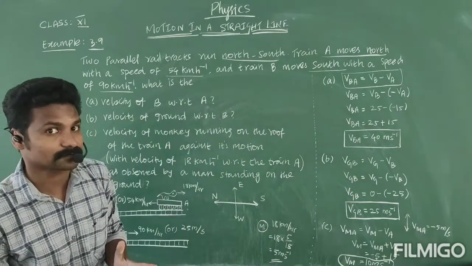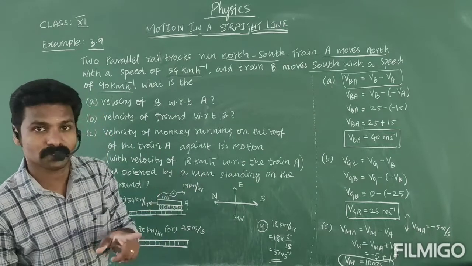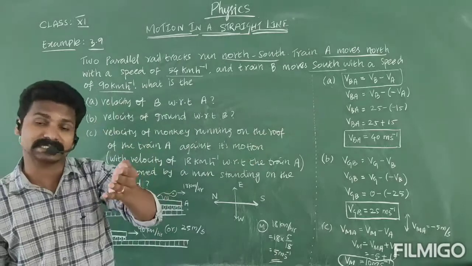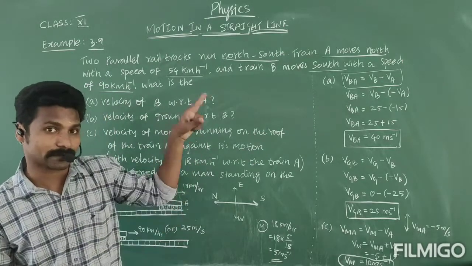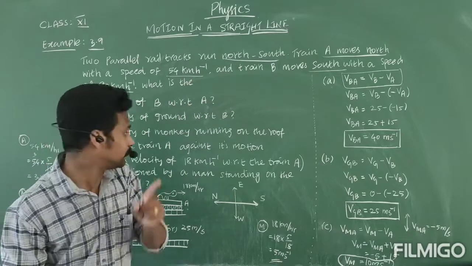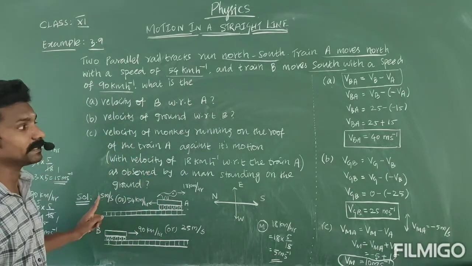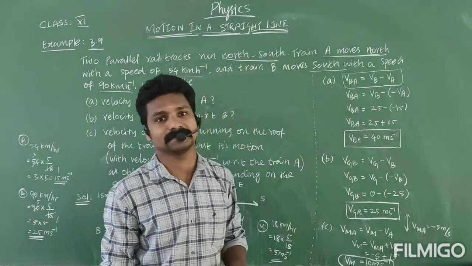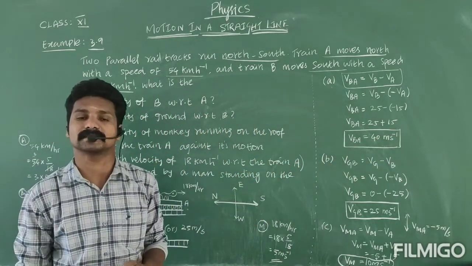So the relative velocity of train B with respect to train A is 40 meter per second. What is the meaning of this? Suppose you are sitting in train A, and you observe train B. You feel the velocity of train B is not 25 meter per second, you feel 40 meter per second because it is in the opposite direction.